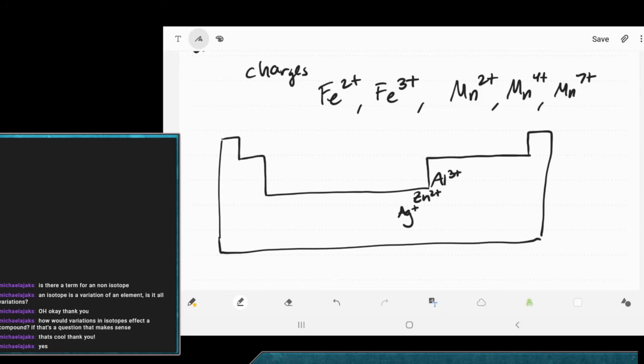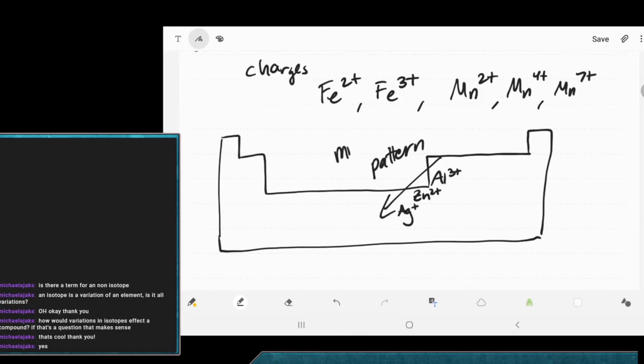Just a pattern. It's called a mnemonic, just to help you remember it. 3, 2, 1. And then cadmium is also here, kind of just thrown in there, but it's 2+ as well, same as zinc. So those two in particular only ever take 2+. Just ways to remember those 3 are fixed. And aluminum you already know is going to be 3+.